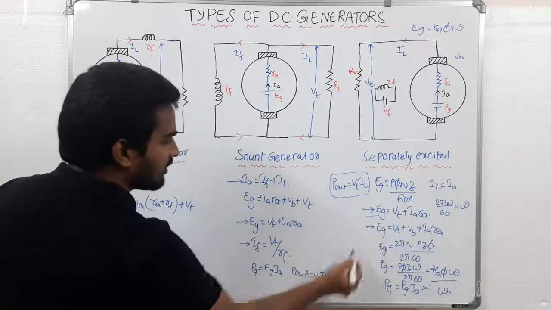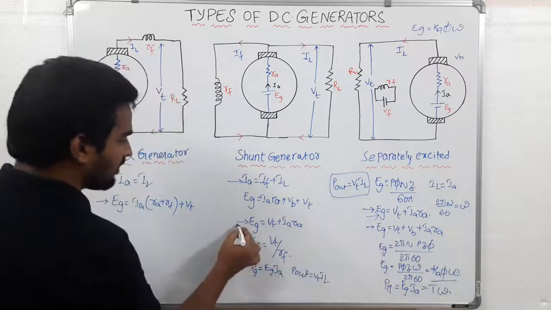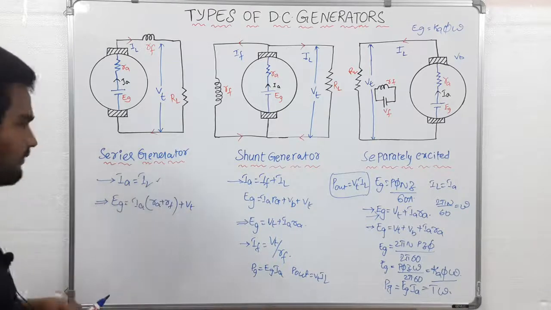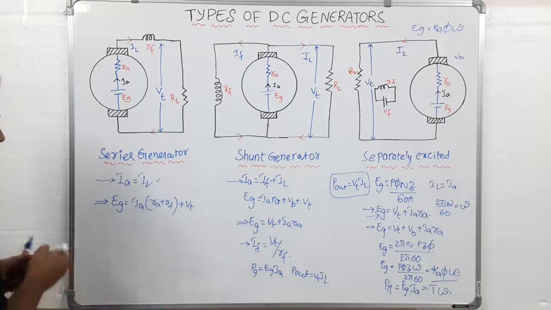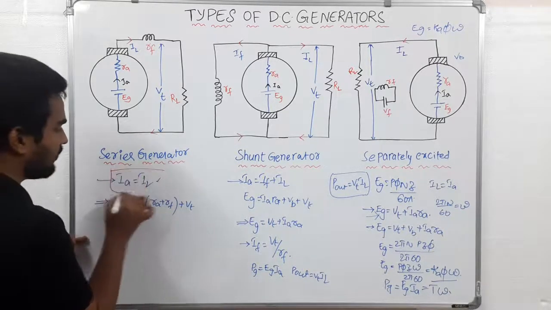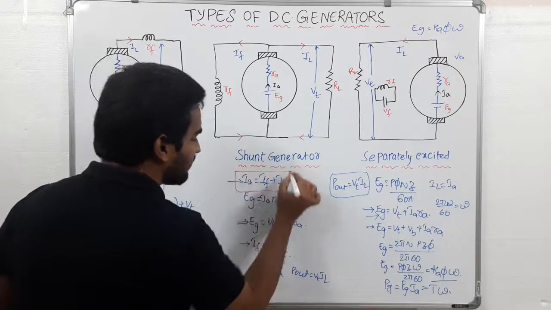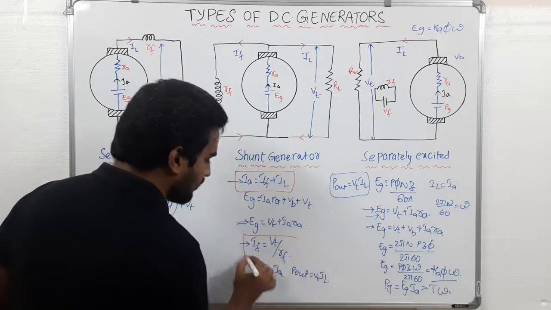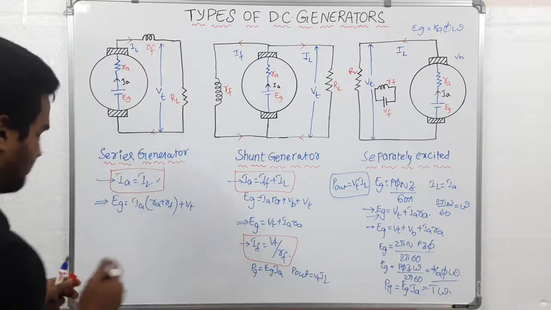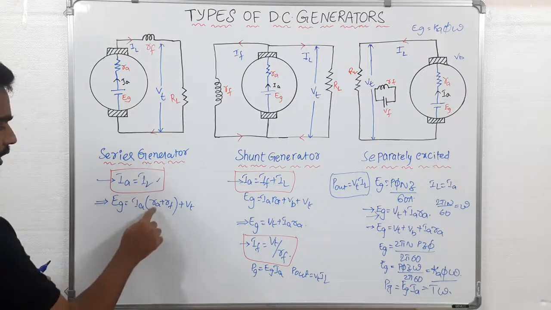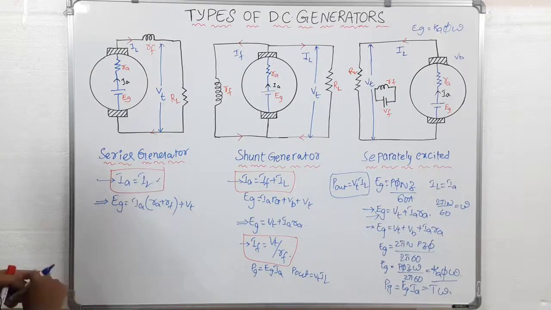While solving problems, these equations are very important. Eg will become Ia into Ra plus Rf plus Vt.